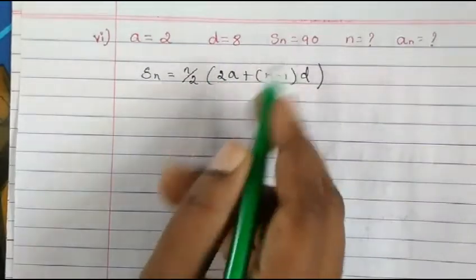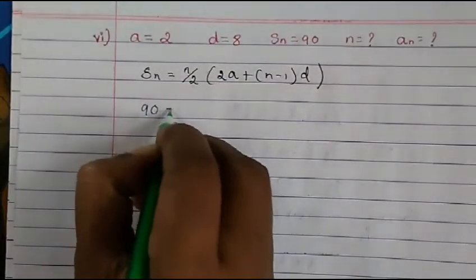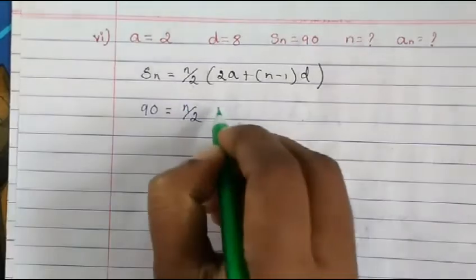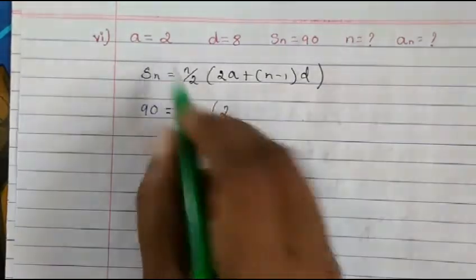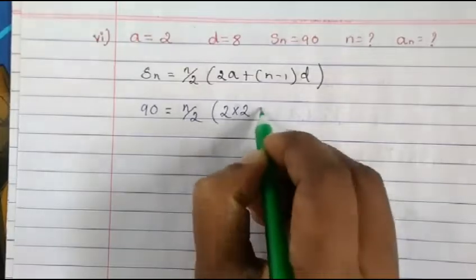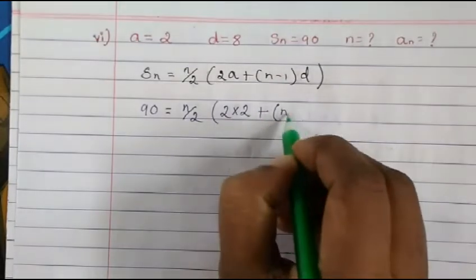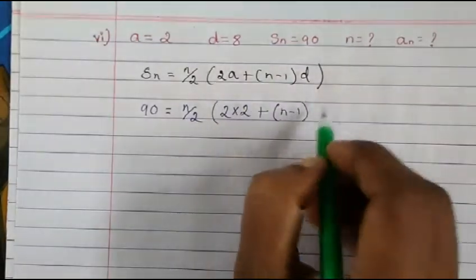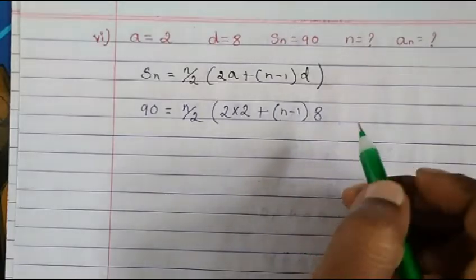So Sn is given to us, that is 90, n we don't know. Then 2a value is given to us, that is 2, plus n minus 1, and d we know, that is 8.